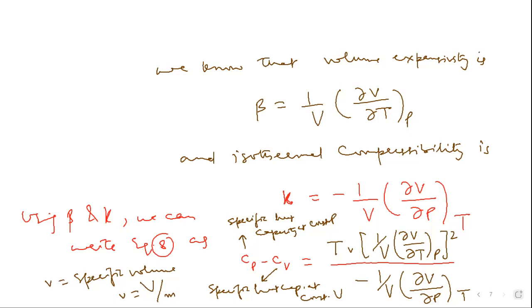So I can write small Cp minus small Cv, that is specific heat capacities I am considering, equal to P times T times small v, specific volume, times beta squared, that is expansivity squared, over kappa, that is isothermal compressibility. This is an important equation.